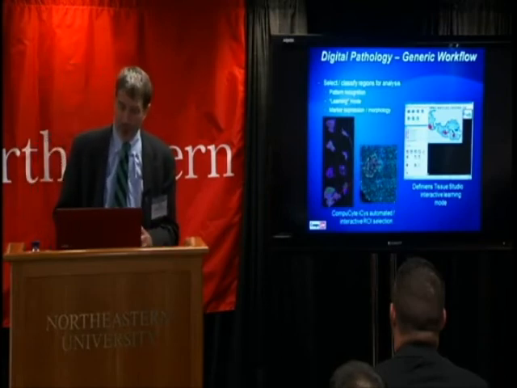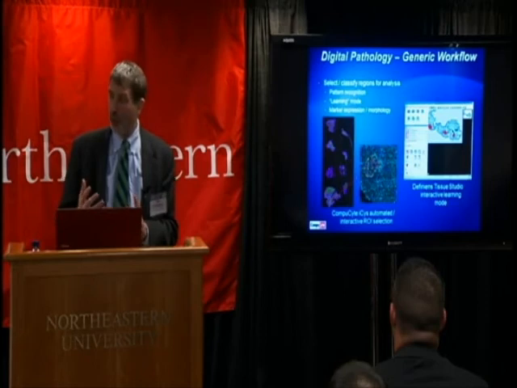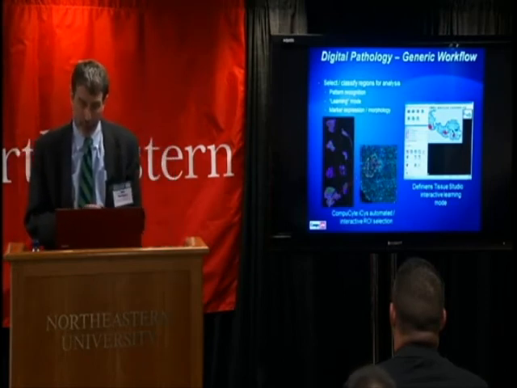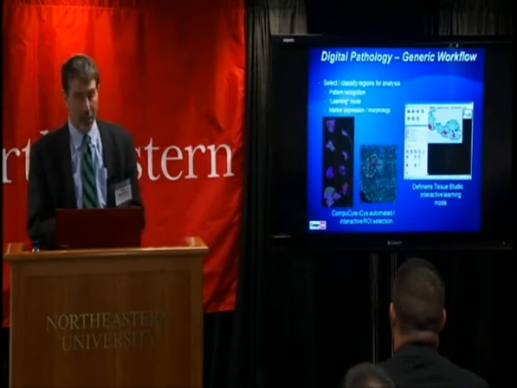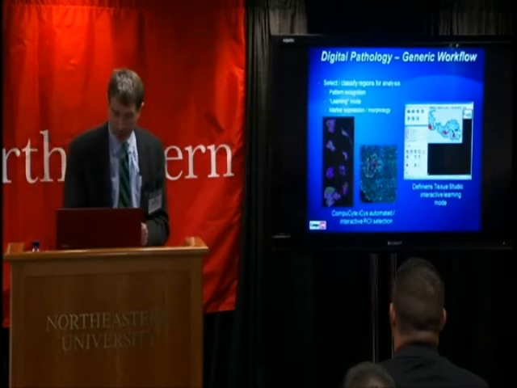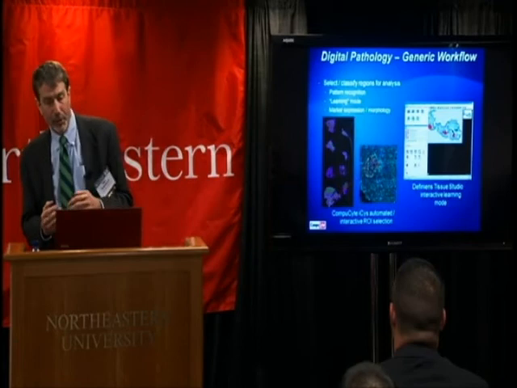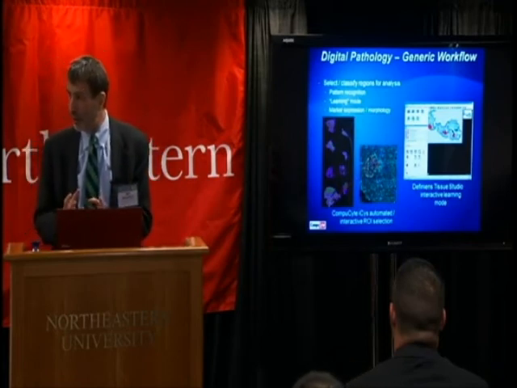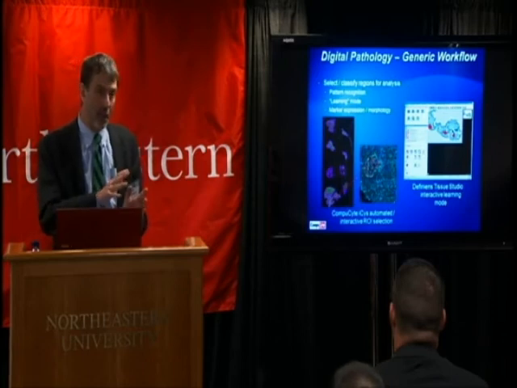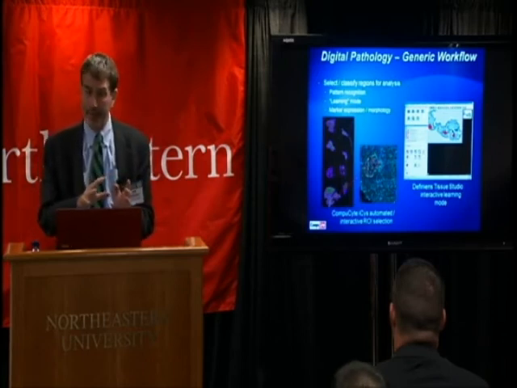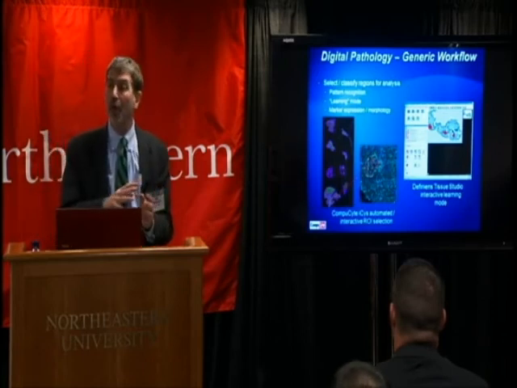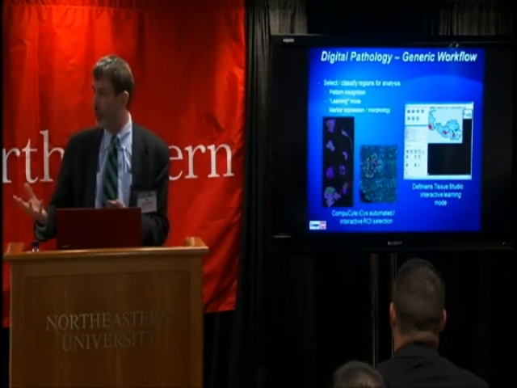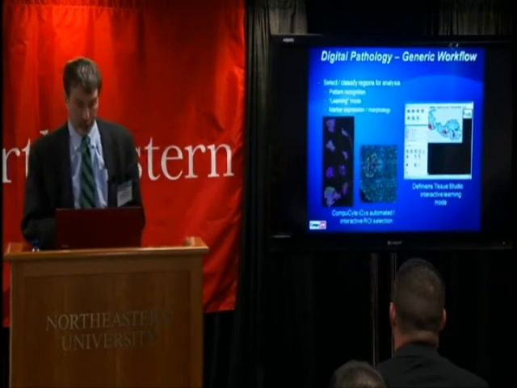Then, in order to determine which areas really need to be focused on for detailed analysis, there are a number of methods. I'm showing here the new suite by Definiens, where they employ an interactive learning mode, where they define certain areas of the tissue of interest and paint those areas, and then those are essentially prototypes for the other areas in that tissue and other tissues having similar characteristics or attributes.